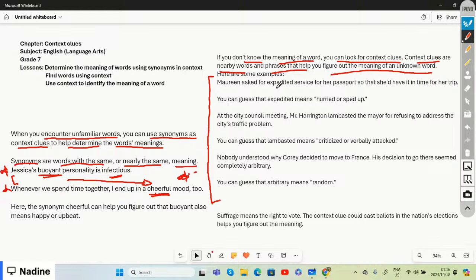And if we look at that word expedited, depending on how you want to say it, we can then guess that this word expedited means hurried, something to speed up the process. Because she needs her passport basically ASAP before her trip.